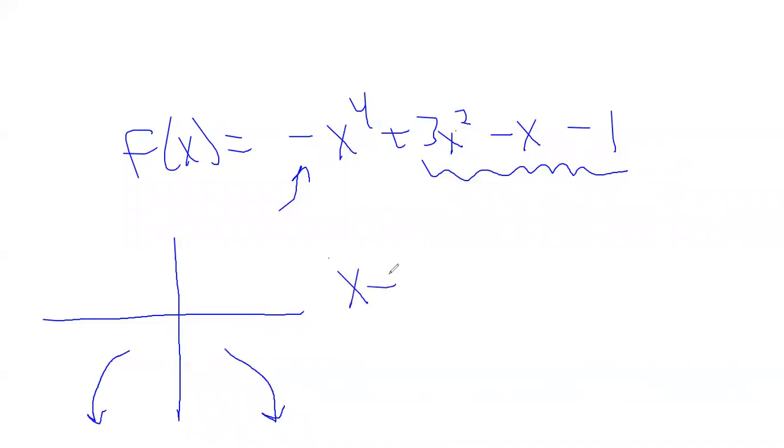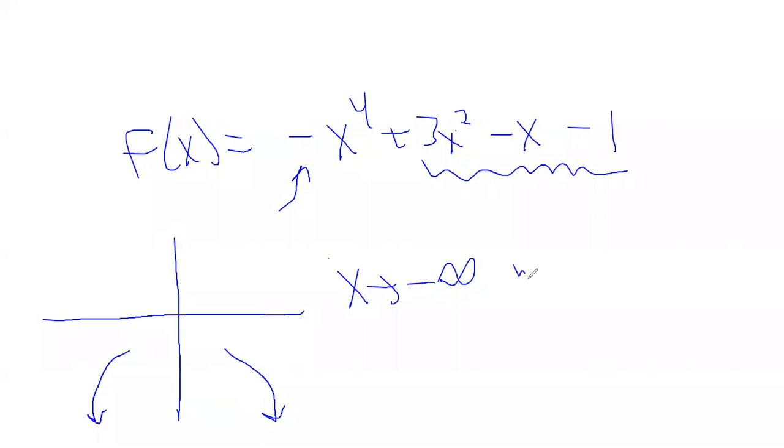As x approaches negative infinity, y approaches negative infinity, and as x approaches positive infinity, y also approaches negative infinity. And I know this because that leading coefficient is negative, less than 0.